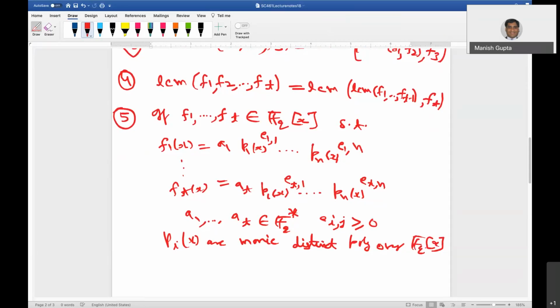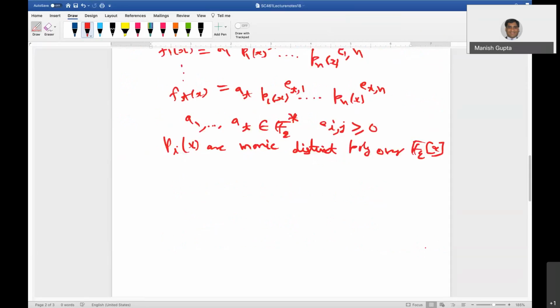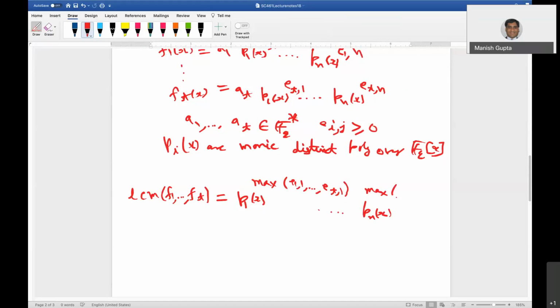Then the LCM of these t polynomials will be p1(x) raised to the power of the maximum of e11, ..., et1, and so on, up to pn(x) raised to the maximum of e1n, ..., etn.